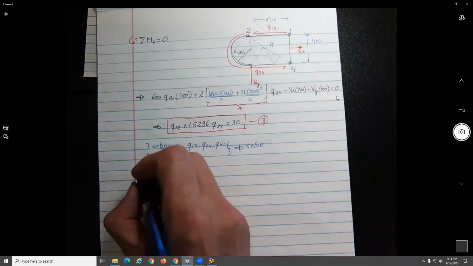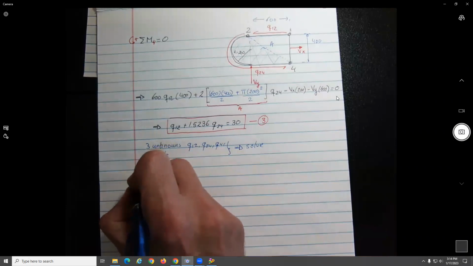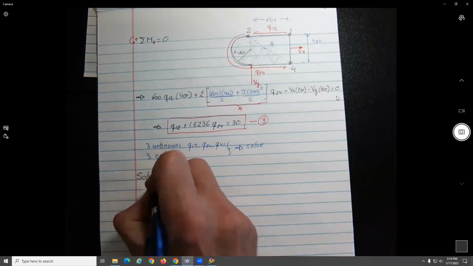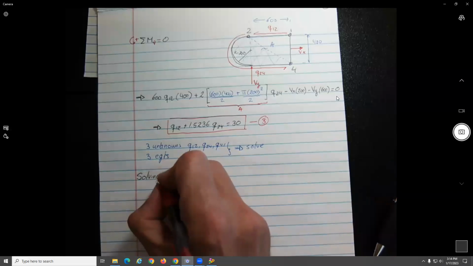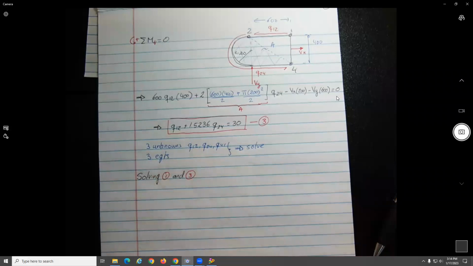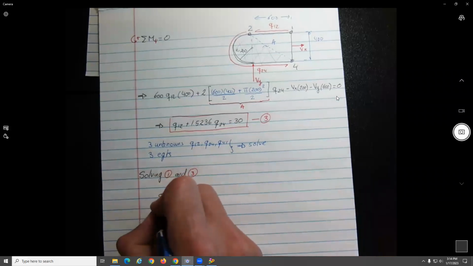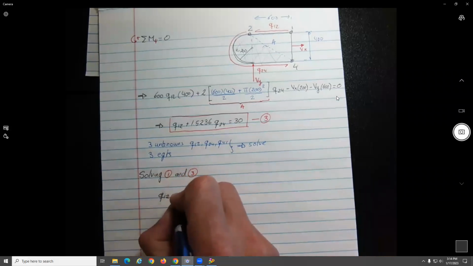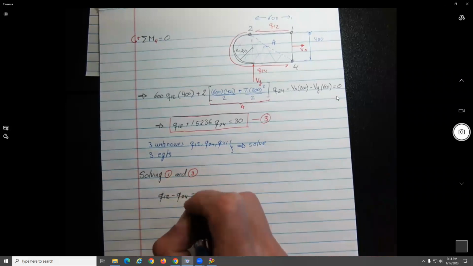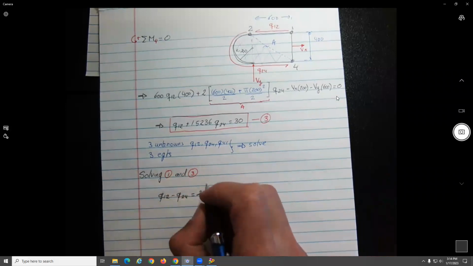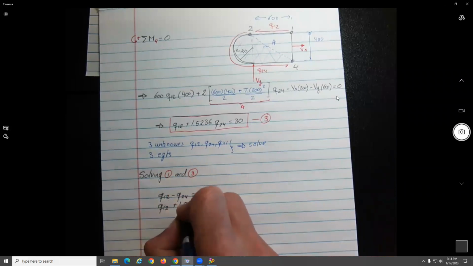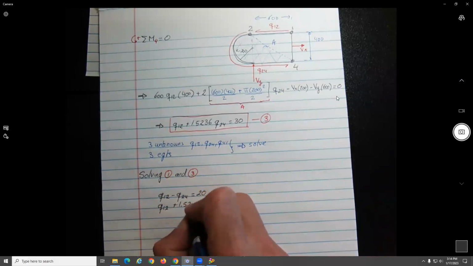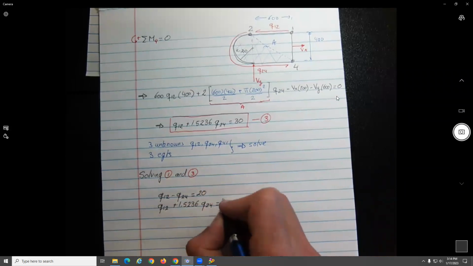Okay, so the way we do this is first solving 1 and 3, which would be the equations Q12 minus Q24 equal 20, and Q12 plus 1.5236 Q24 equal to 30.